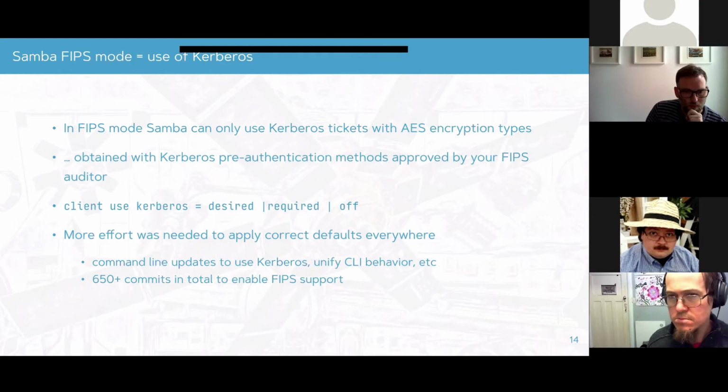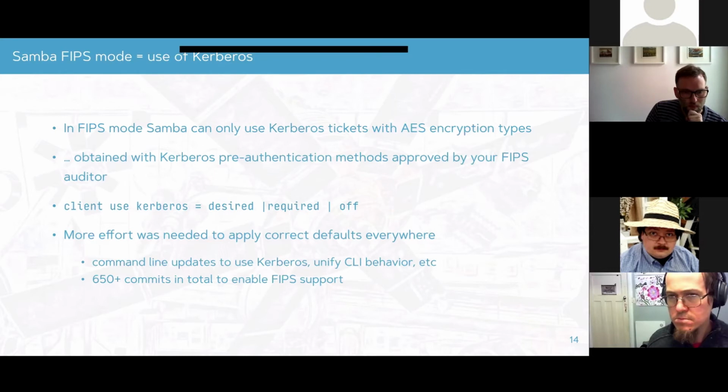And the other catch here is that if you want to be really FIPS compliant, the Kerberos tickets have to be obtained with the use of pre-authentication methods approved by your FIPS auditor.